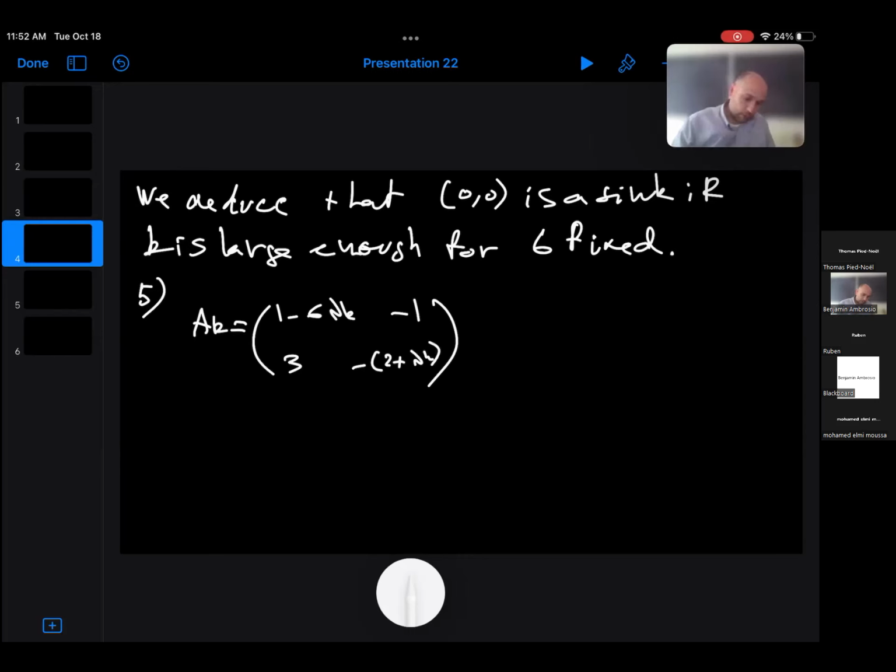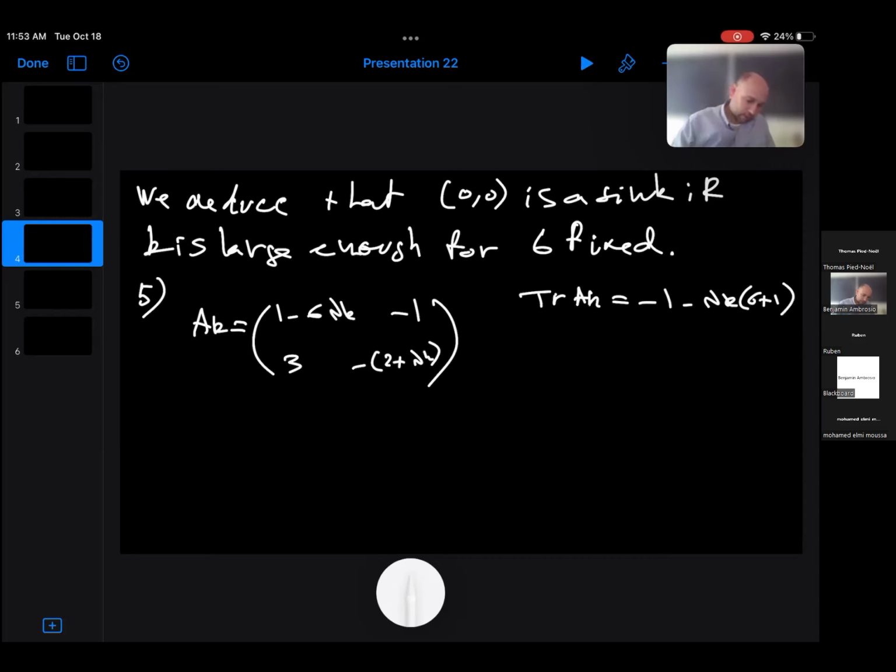So what I had again is the trace of Ak is minus 1 minus lambda k sigma plus 1.